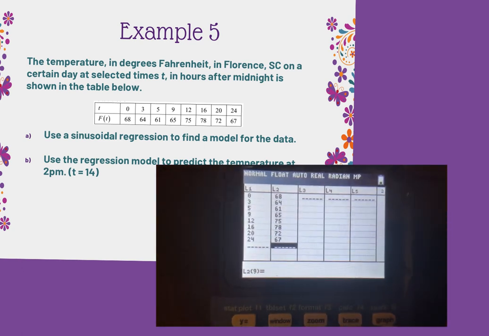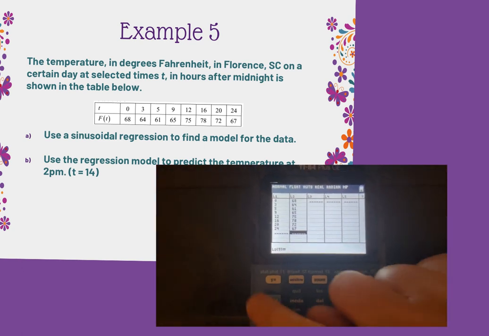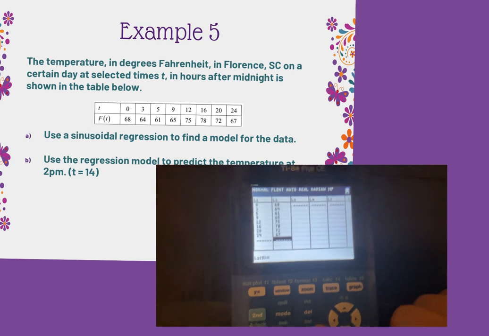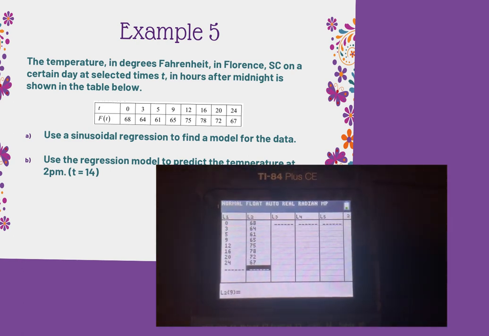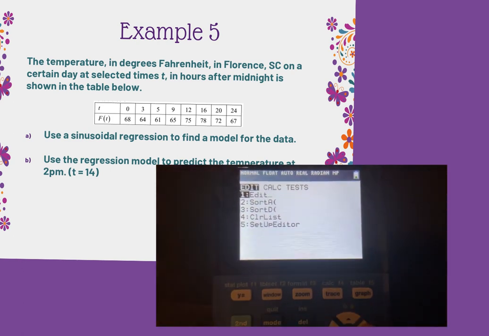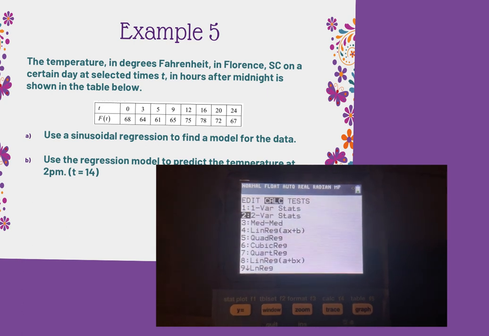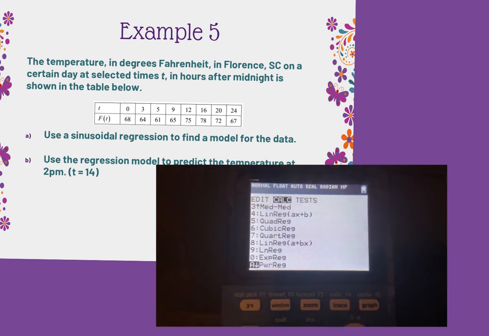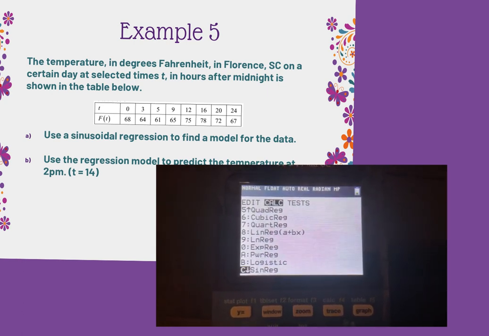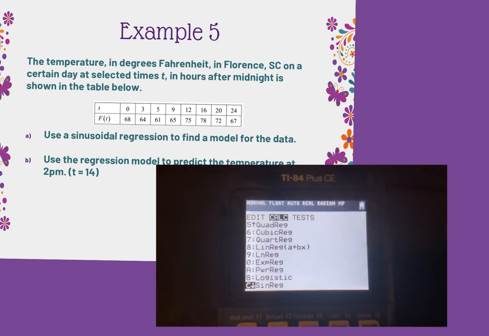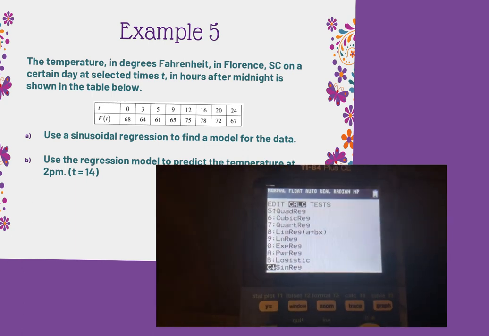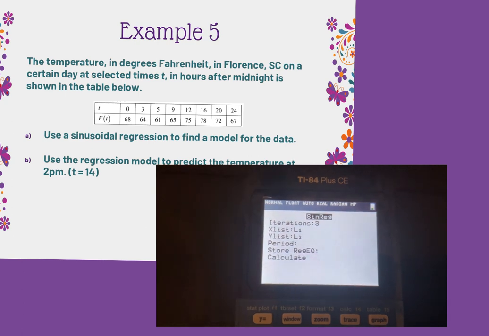And we're going to go to our stat menu. We're going to go over to calc. And if you scroll all the way down, you're going to see sine reg. So that's letter C, but it is sine reg. And that's what we want to do here. Hit enter, enter, enter.